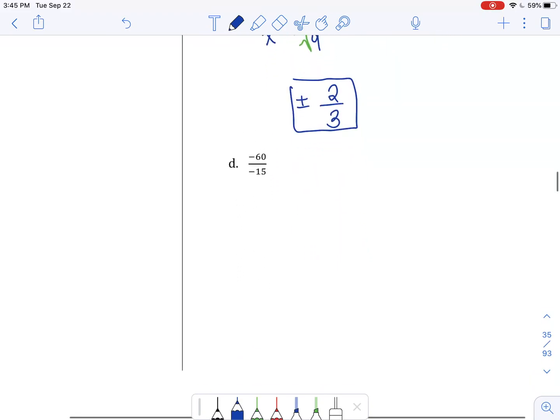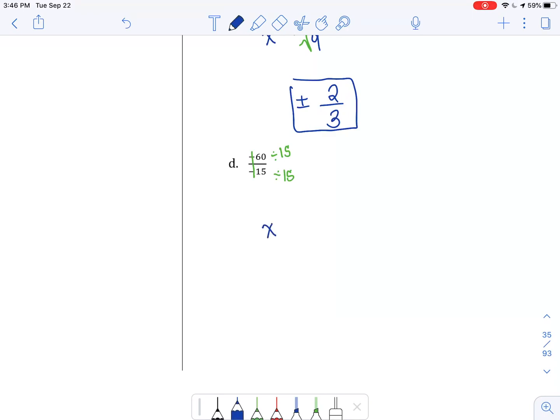This is also helpful if we look at D with negative 60 over negative 15. You might panic and think, oh no, there's a bunch of negatives. We can't do that. Well, a negative divided by a negative is a positive, and then these are both divisible by 15. You could also do this in 2 steps, dividing them by 5 and then 3.